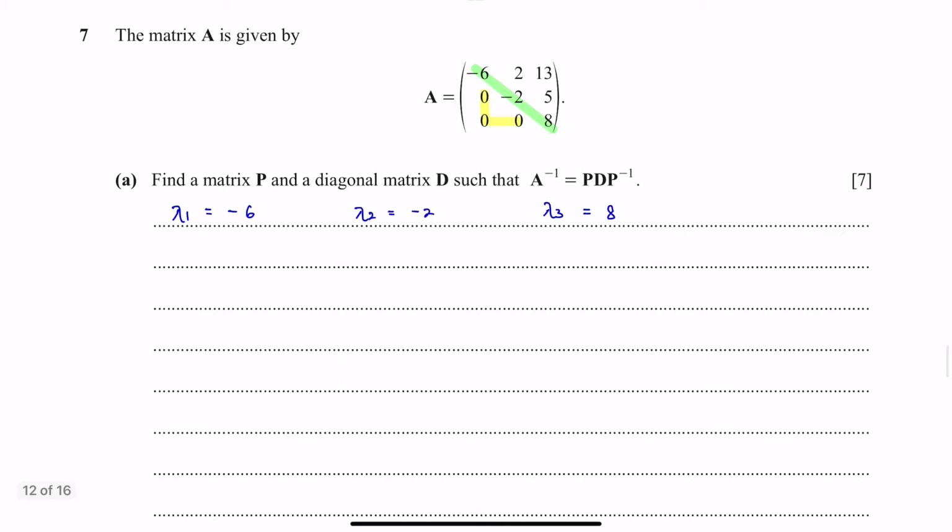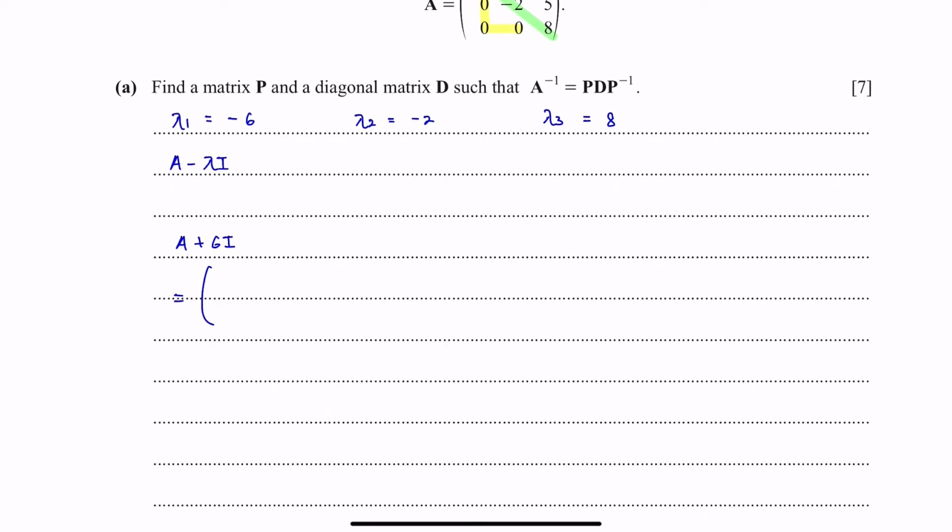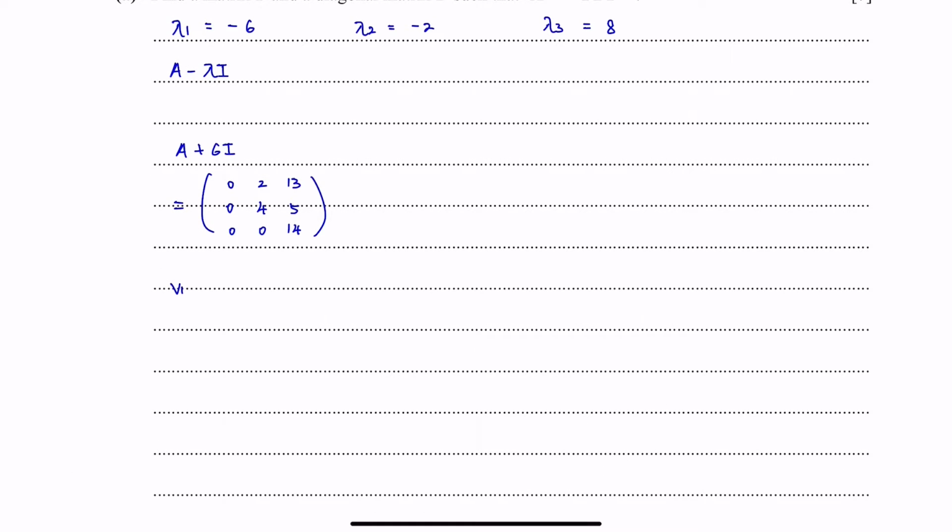So we can write A minus lambda I, which for the first eigenvalue would be A plus 6I. This would be equal to 0, 2, 13, 0, 4, 5, and 0, 0, 14. So we can find the first eigenvector by just taking any two rows.